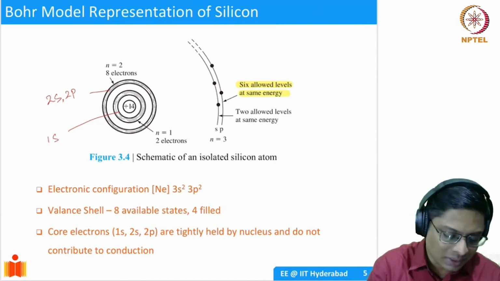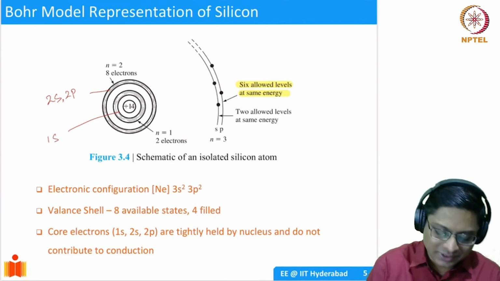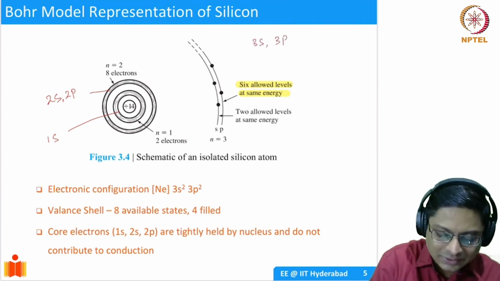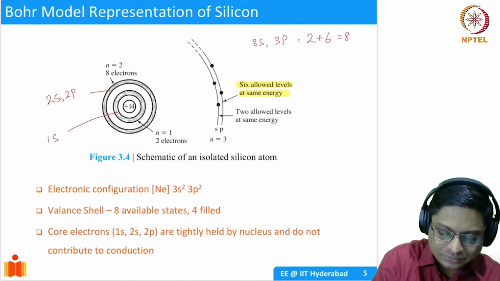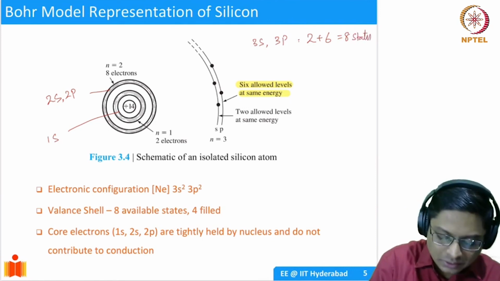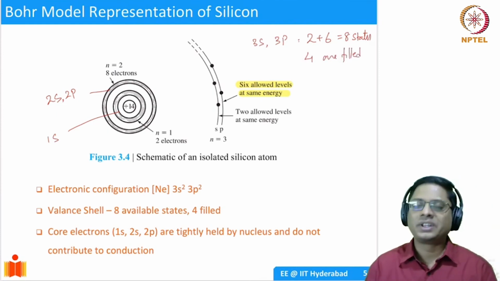So what is the total number of available states in the outermost shell? It has 3s and 3p, so 2 plus 6, total 8 available states. 8 states are available, out of which 4 are filled. This is very, very important.